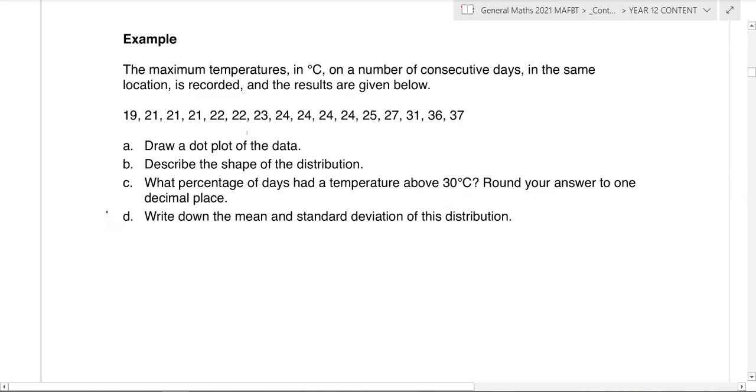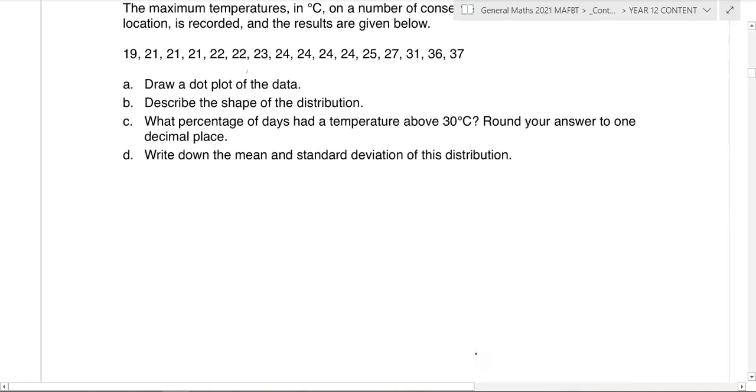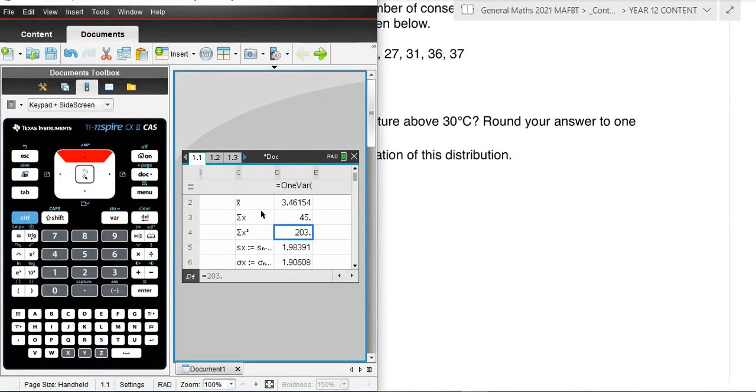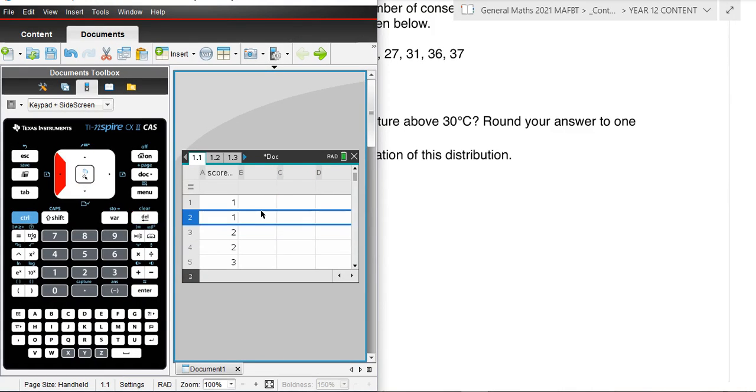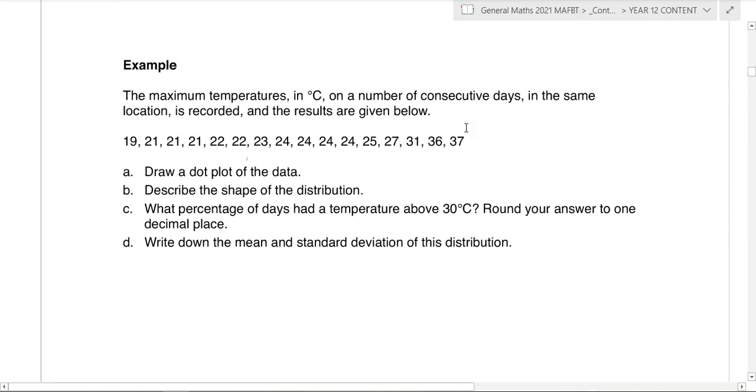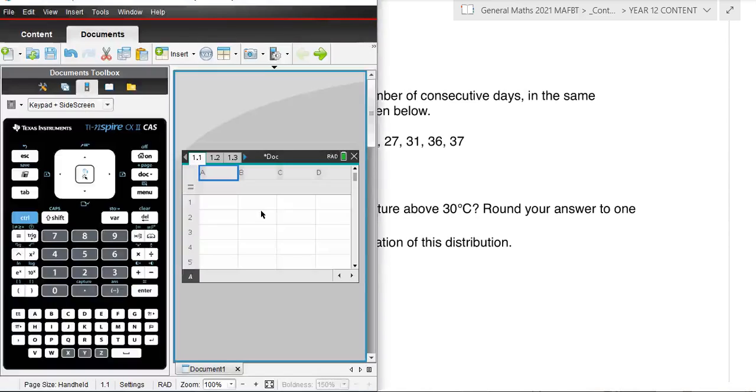All right, so part A, let's do it. On my CAS, I've cheated actually on this because I've already put the data in, so I'm not going to put it in for you, but I assume that you all remember how. If you forgot, again, rewind the video and watch it back. Here, I called it temp C, so it should appear.